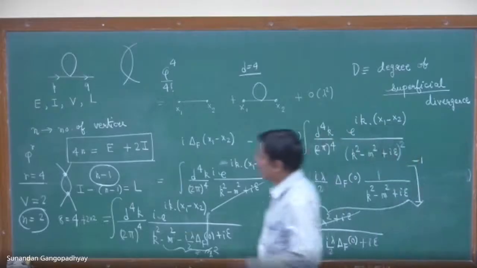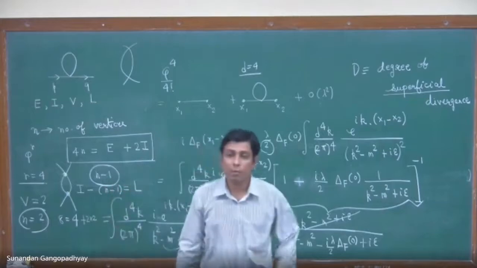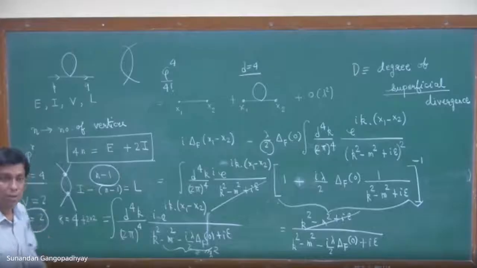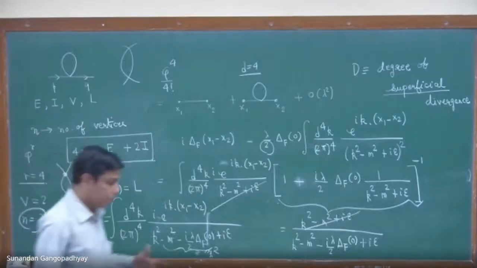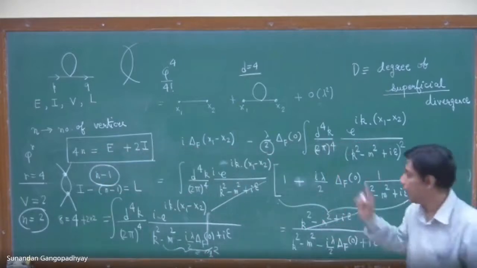So what is n minus 1? Can you repeat? Suppose we have a diagram with n number of vertices. n minus 1 is the number of relations that you have between the momenta. It is the number of constraints, the constraint equations, or the number of relations that you have between the momenta. Why is it n minus 1?